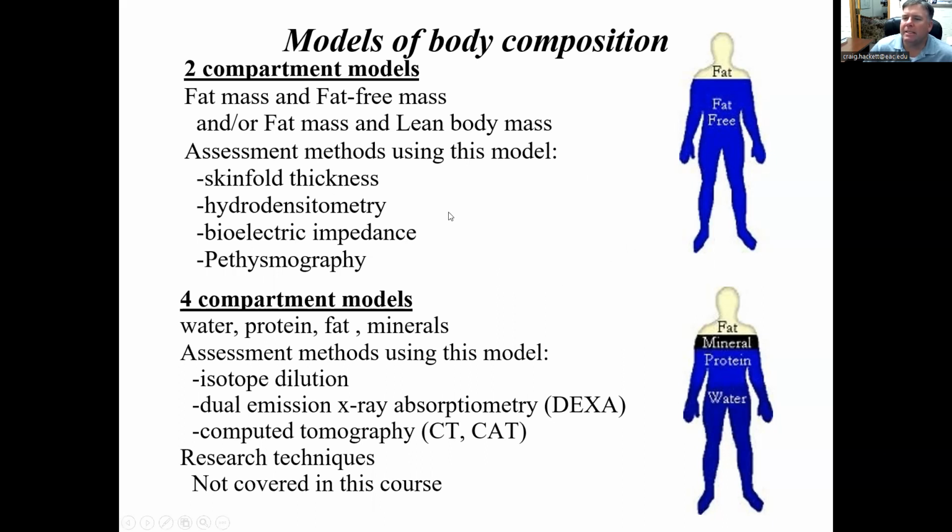So we're basically going to stick to the 2-compartment model, and in this lecture we'll talk about skin fold thickness, hydrodensity, and bioelectric impedance, and then fast morphography. If you can say that 5 times fast, go ahead.